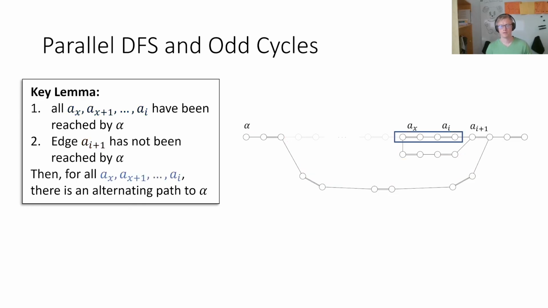Essentially, we can think of this A x and A i as good, in the sense that this will always stay in the DFS search tree of alpha, and no one can mess with them. What we showed is that this will be true for all the edges between this loop that alpha did and the edge where it wants to go.